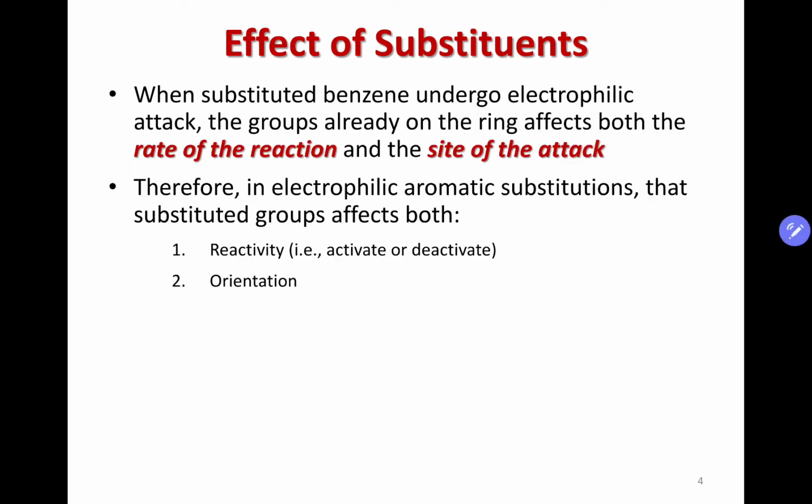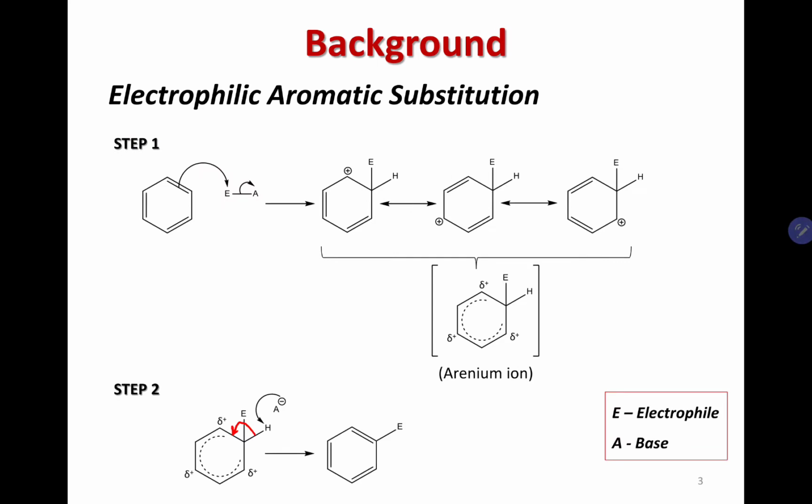Because as I mentioned earlier, these meta directors are highly electron withdrawing, so they basically pull electrons back. Whenever you have a meta director attached to benzene, they are pulling electrons from benzene. So benzene thinks that it is rich in electrons, because it has 3 pi bonds or 6 pi electrons.